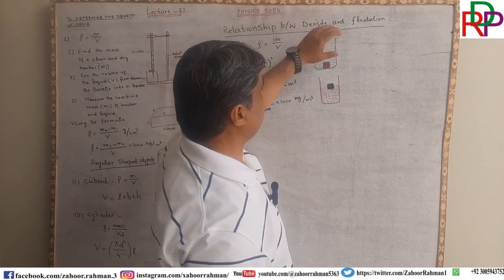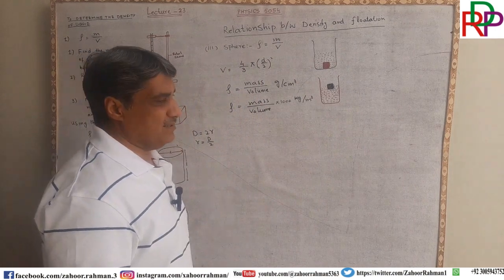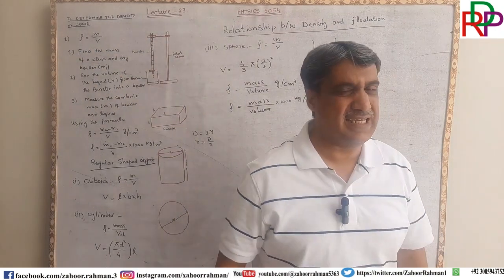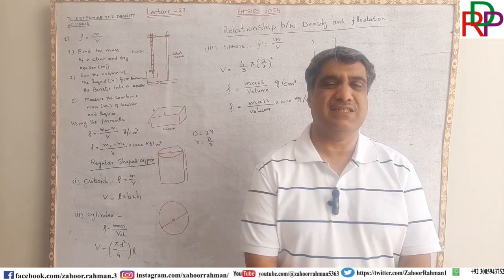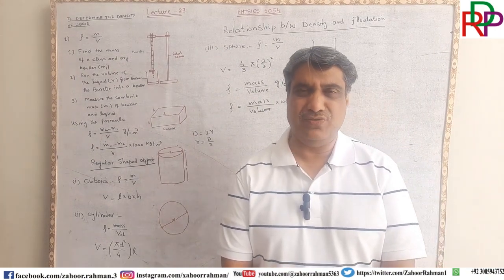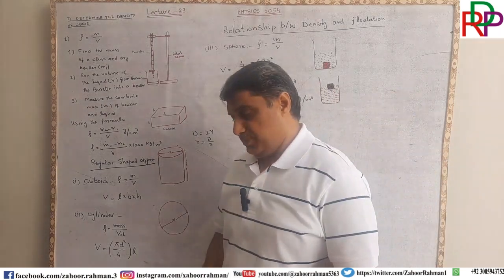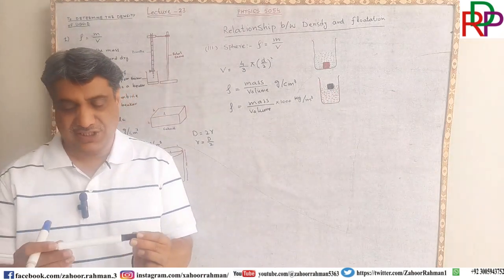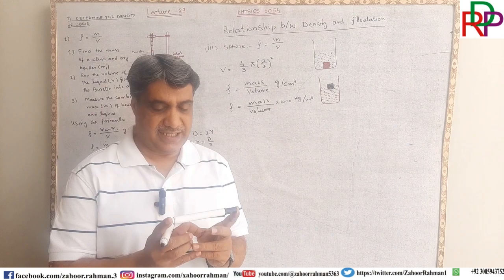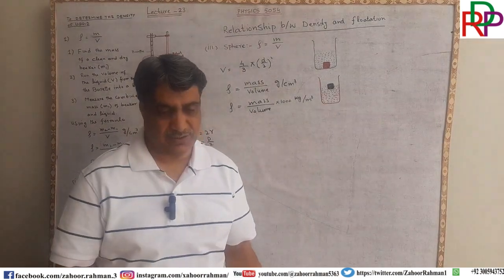Now our last topic of this unit number 4 is topic number 4, the relationship between density and flotation. What does it mean? It means which thing will be floating inside which liquid.